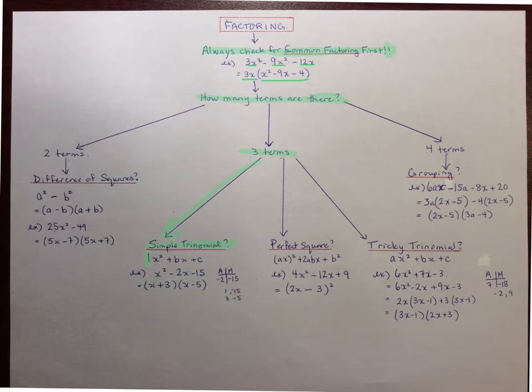Okay, so we're always looking for that. Now, in terms of the example that I had up at the top with the common factoring, if I look at that particular trinomial, I don't think that one will factor. If I try my adds and multiplies, I'd be looking for 2 numbers that add to negative 9 and multiply to negative 4. And if I try that, 1 times 4 would multiply to negative 4.